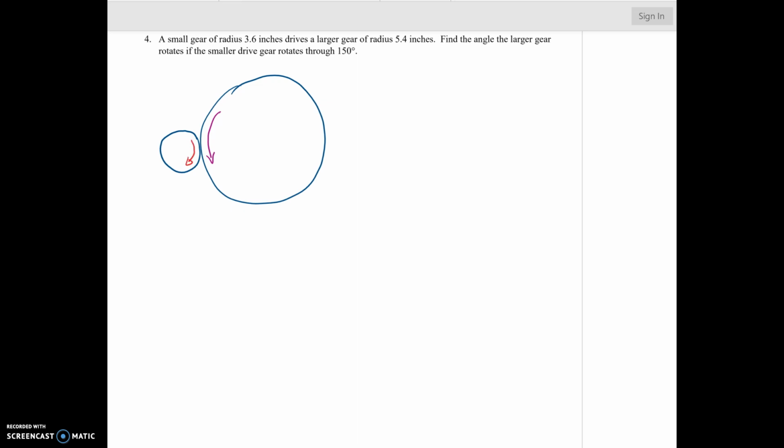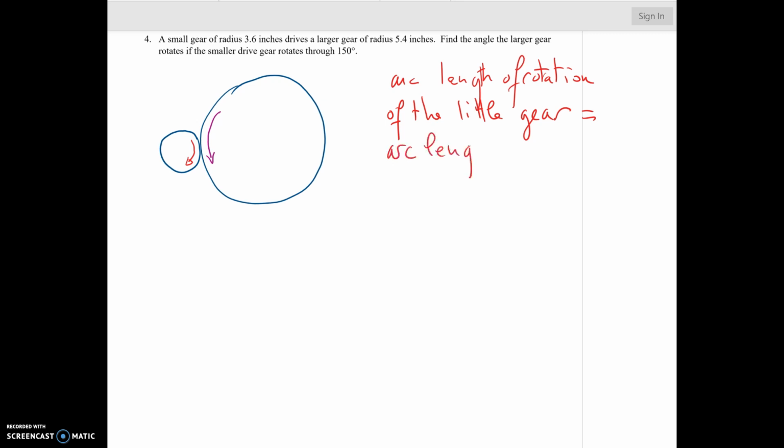The key is that the arc length of rotation of the little gear will be equal to the arc length of rotation of the big gear.